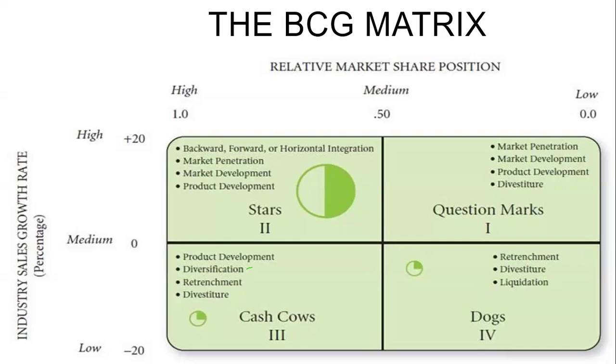And when we say your industry sales growth rate is medium to low, it means you have reached a point of saturation wherein, despite the investments and innovations that you inject into your division, it is still not able to catapult you to achieve a higher growth rate potential.